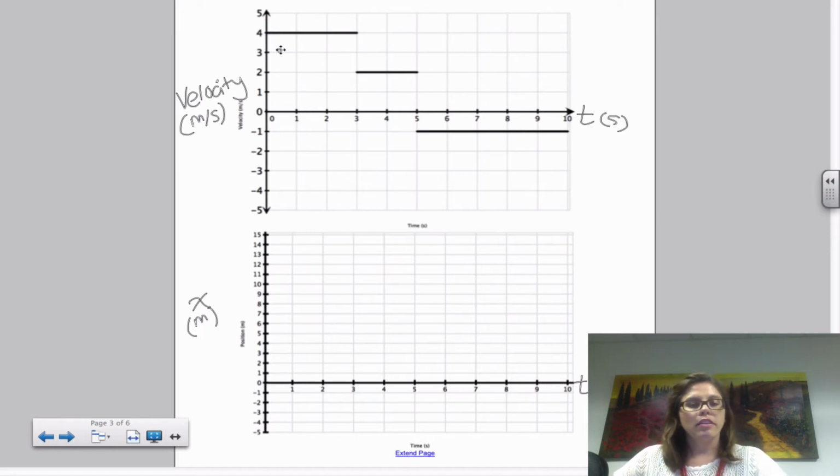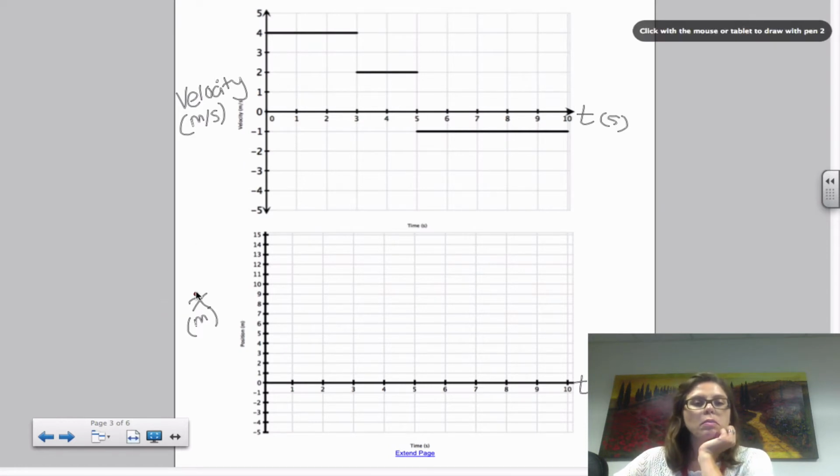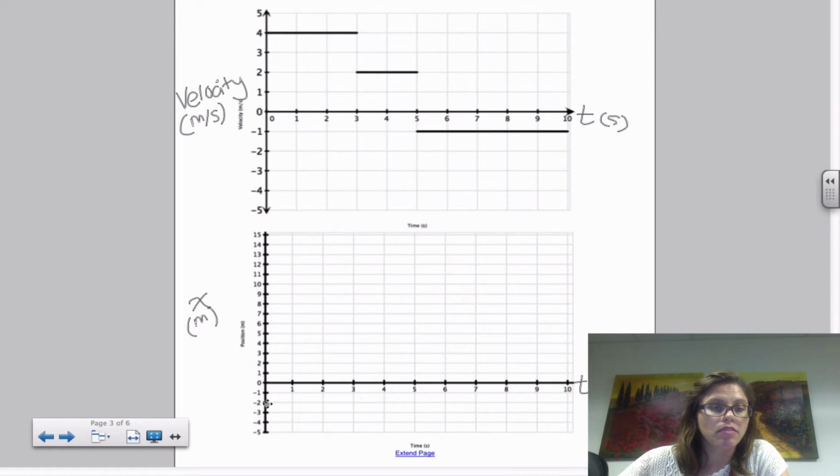So now, how do we figure out how to draw the position time graph given a velocity time graph? Well, we are not given where to start, so we could start anywhere we like. Just because I want to, let's start at x equals -2 right here, just so we don't start at 0.